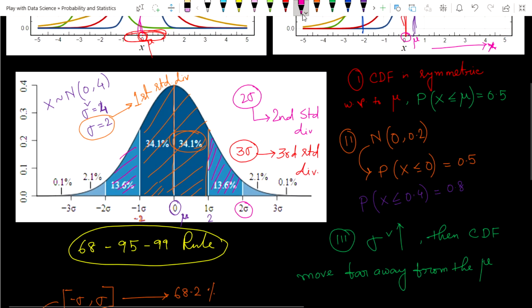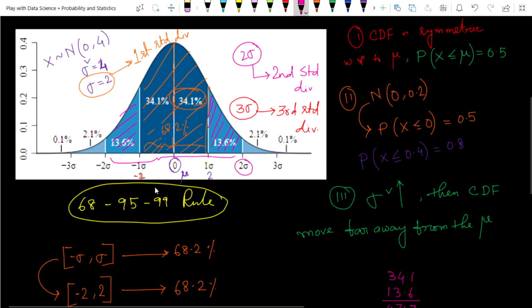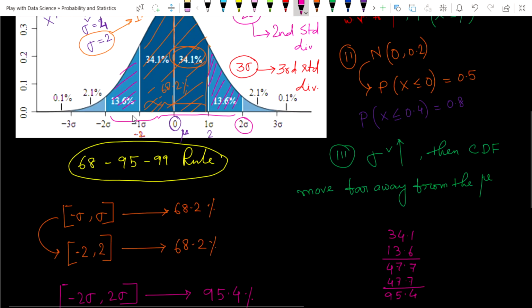So on this range we have 68.2% of the data, and on this wider range we have 95.4% of the data.